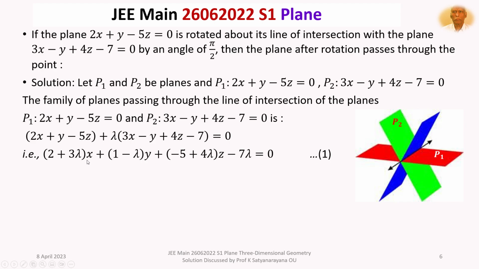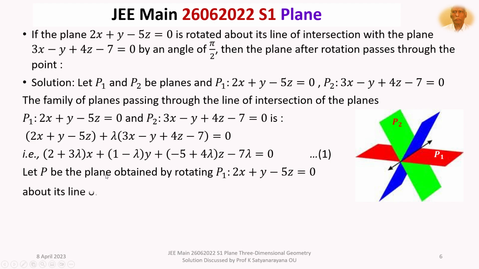How does this represent a family? Lambda is a parameter. As lambda takes different real values, you will get different planes, infinitely many planes, and that is the family of planes passing through the line of intersection of P1 and P2. Now, what is to be done?